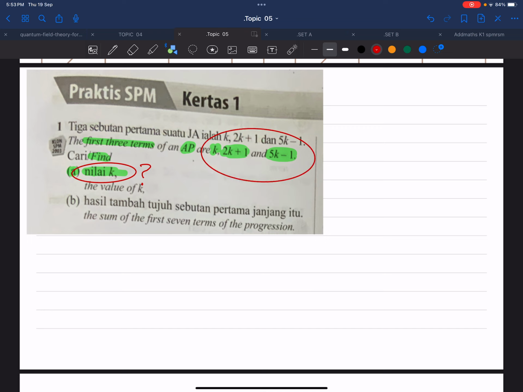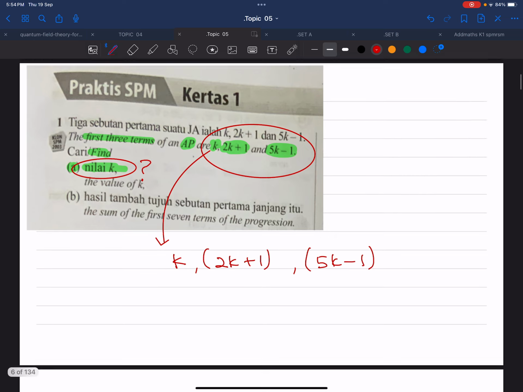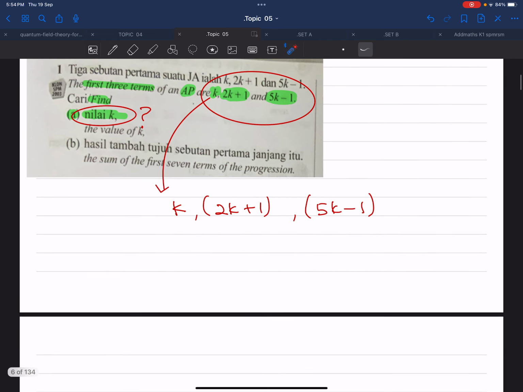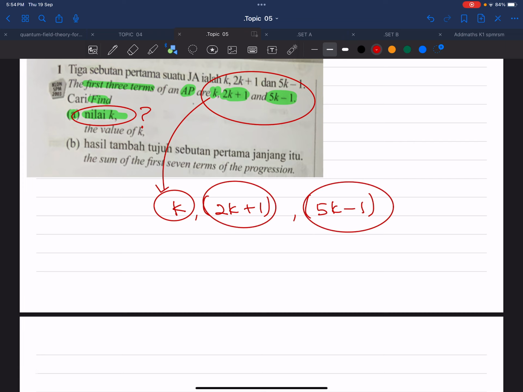So we're going to start from the AP, which was K, 2K plus 1 and 5K minus 1. The second term we put brackets, the third term put brackets, and this was the first three terms, which means all these three terms we have to label as T1, T2, T3.